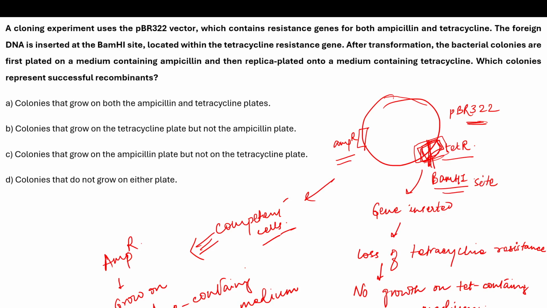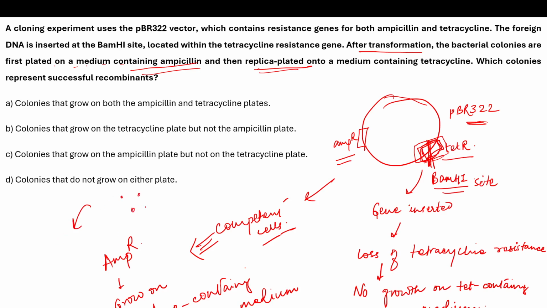Hence, the cells won't be able to grow. So what happens here is, first the transformed bacterial cells are plated on a medium containing ampicillin, and then replica plated. The same plate can be replica plated on another medium containing tetracycline.